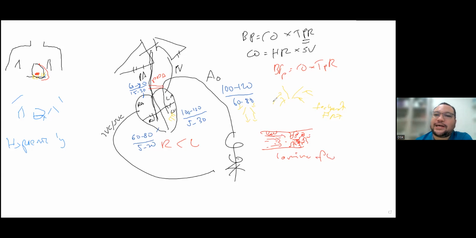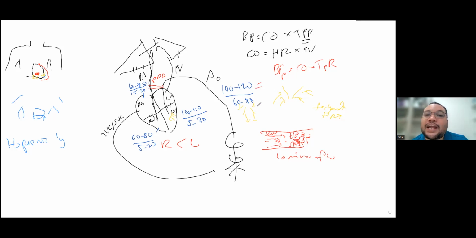What happens to your pulse now? Earlier in VSD, did the systolic BP maintain or drop? Systolic BP maintains in VSD. What happens to your diastolic BP in VSD? Diastolic BP maintains the same. Now if you look at PDA, what happens to your systolic BP? Systolic BP originally drops, but because of all the changes, your systolic BP maintains.